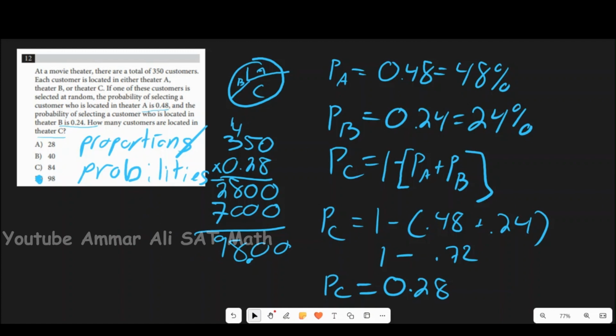First thing we did was recognize that this is a proportion and probabilities problem, and then we understood that in order to figure out how many total people went to Theater C, we first need to figure out the proportion of people that would go to Theater C. We did that based on the probabilities we were given for somebody going to Theater A and B, and then we used that to deduce the probability of somebody going to Theater C. Then all we did was multiply this probability by the total number of customers, and we figured out that our answer was 98, or D.